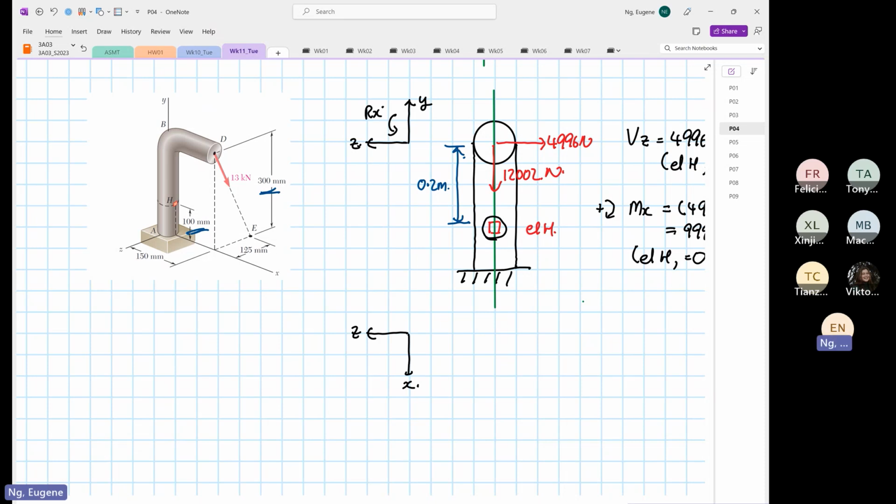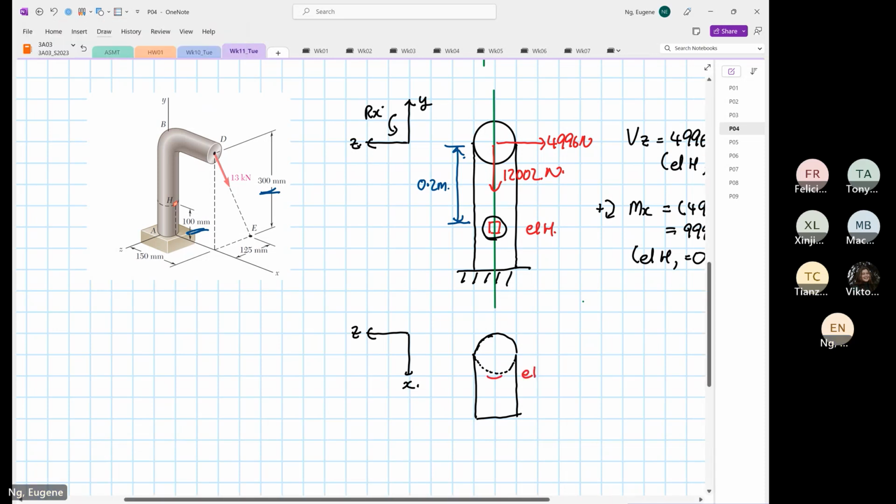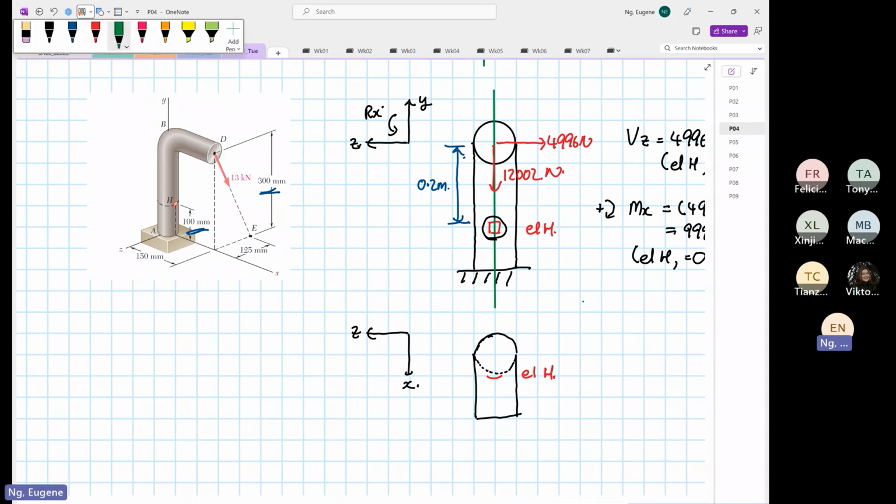So how this will look is, again, this is just a sketch, you're going to see this, and then you're going to see this, but all these are in chain line. And this is where we have our element H. And then this is where we draw our centroid.